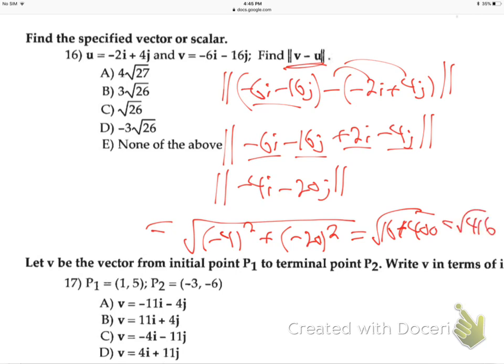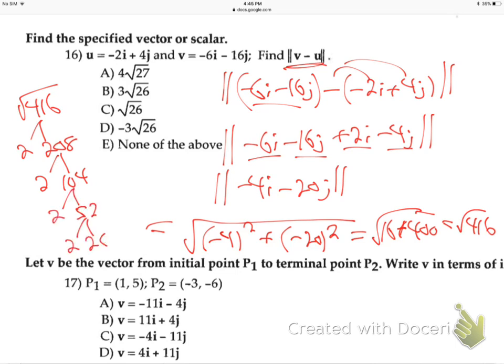I don't know about simplifying square root of 416. Use your calculator. See what it divides by. Divided by 2, it's 2 times 208, which is 2 times 104, which is 2 times 52, which is 2 times 26, which is 2 times 13. So you break that thing all the way down. Every 2 2's sends out a 2.